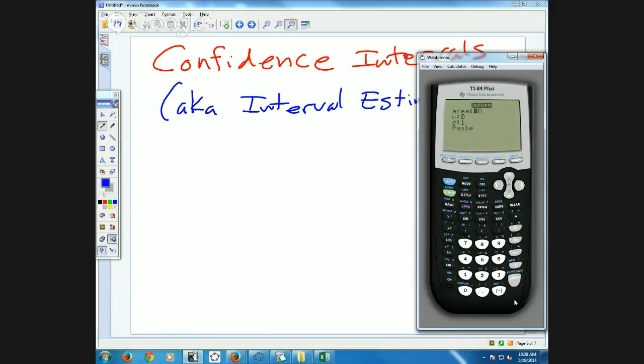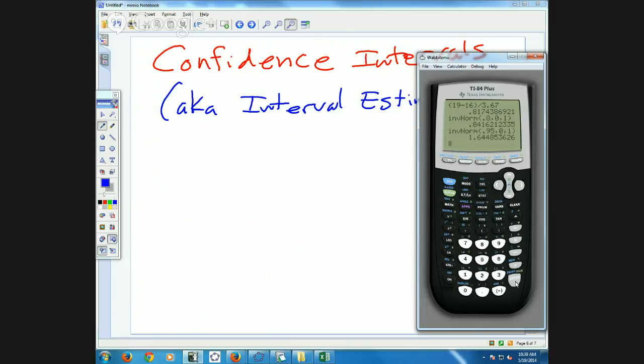Okay, so then we have to settle for some lower confidence, like 90 or 95%. Let's do 90%. Okay, so I'm going for a 90% confidence interval. So I'm going to type some magic numbers in here. And that's what I want right there. Okay, so write down this number, 1.644.